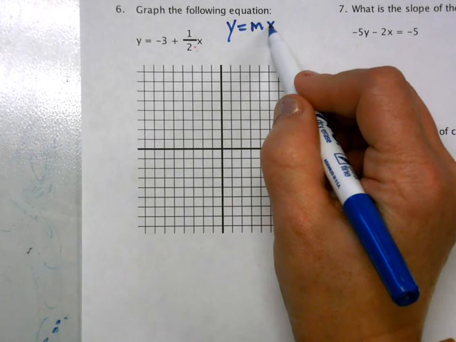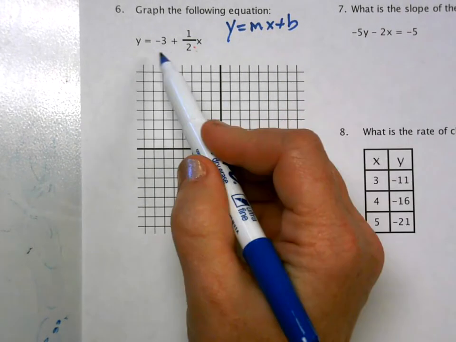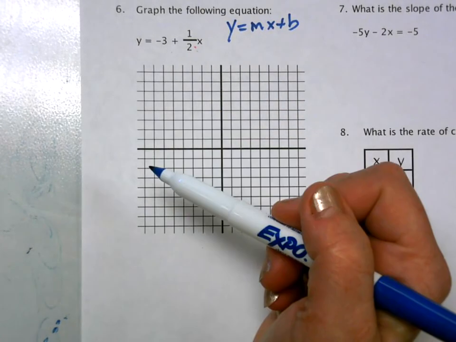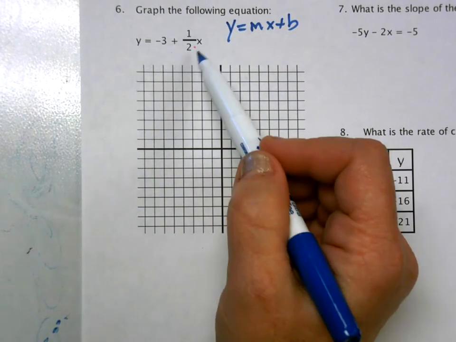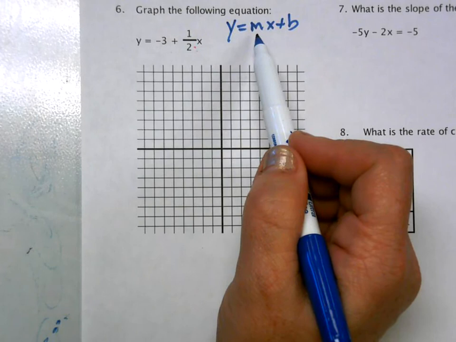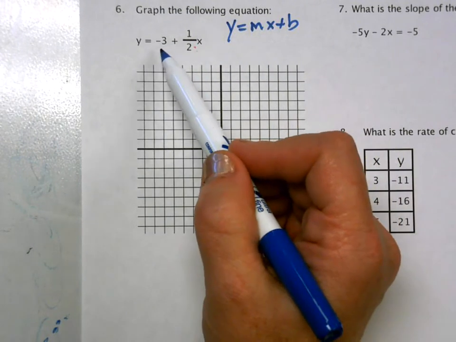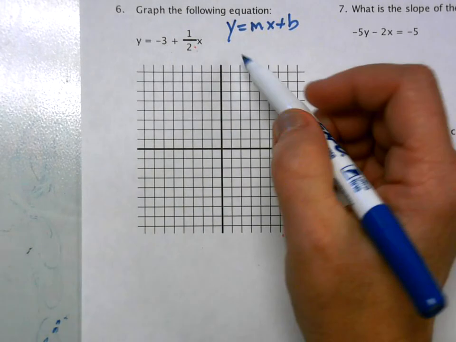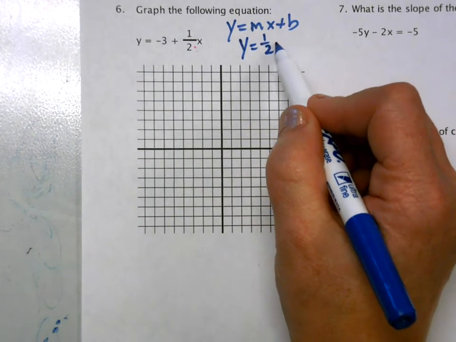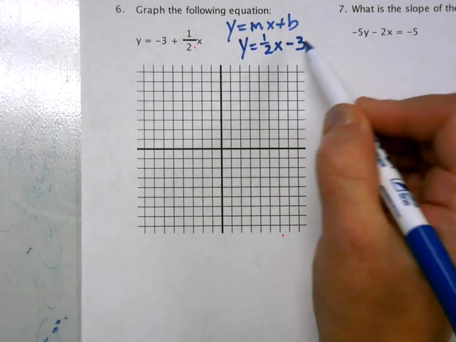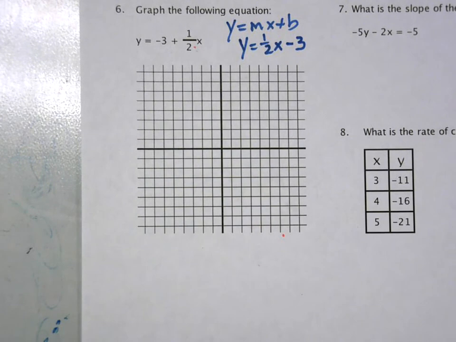So y equals mx plus b. You have to know that whatever is paired with the x is your slope. It doesn't matter if you need to rearrange it, rearrange it. So it's y equals 1/2 x minus 3.